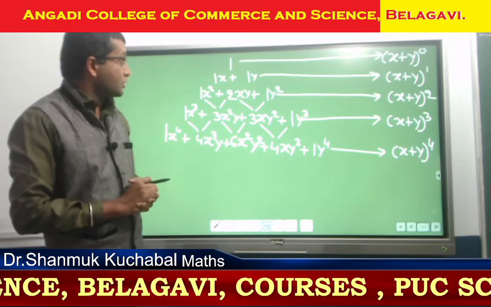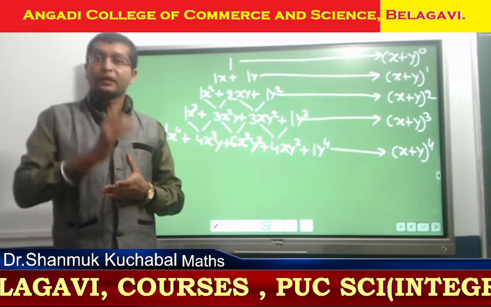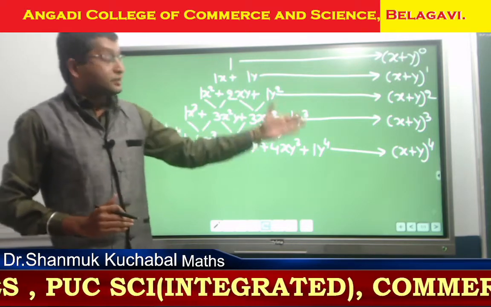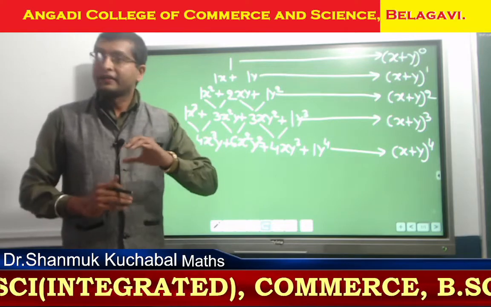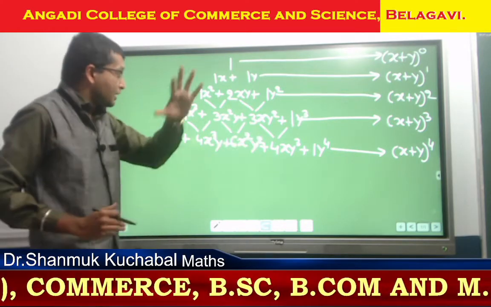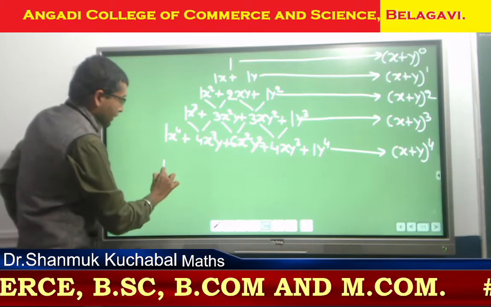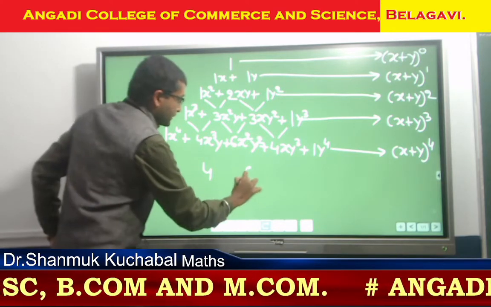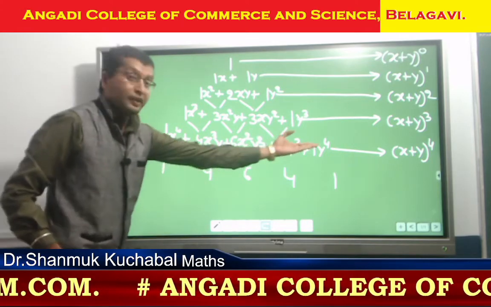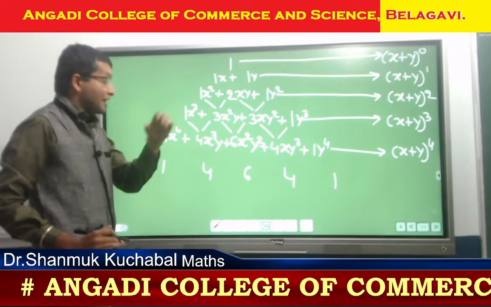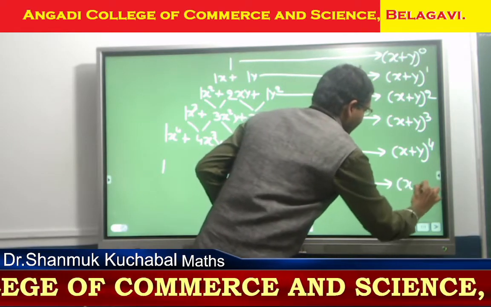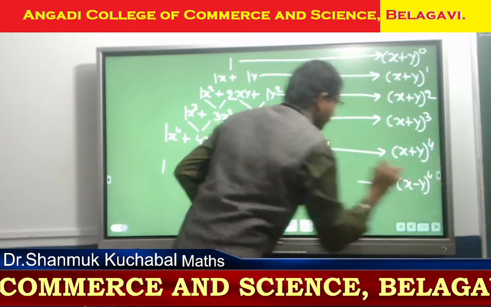So this is a shortcut trick to remember algebraic identities. If it is (x minus y) raised to n, then we have to take alternately positive and negative. One example I will give you. Here it is 1, 4, 6, 4, 1. I have taken these numbers from the previous step, the Pascal triangle. So I am writing the formula for (x minus y) raised to 4.